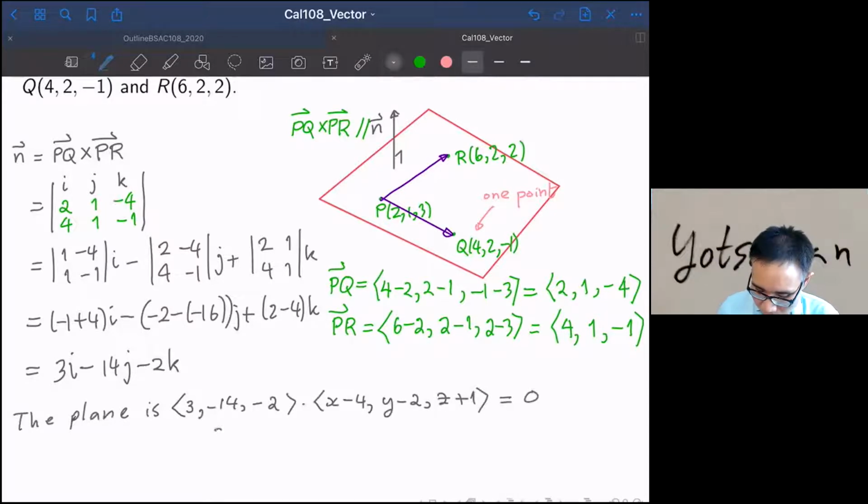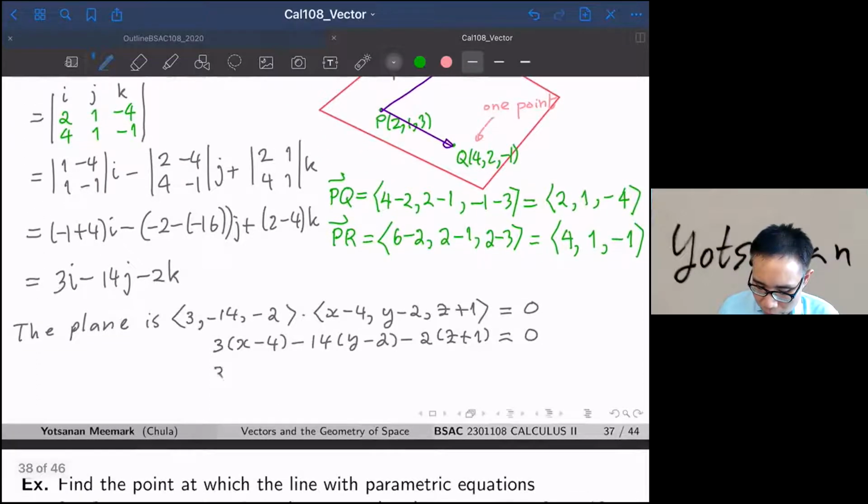So you get 3 times (x minus 4) minus 14 times (y minus 2) minus 2 times (z plus 1) equal to 0.